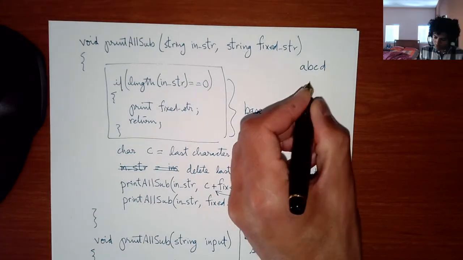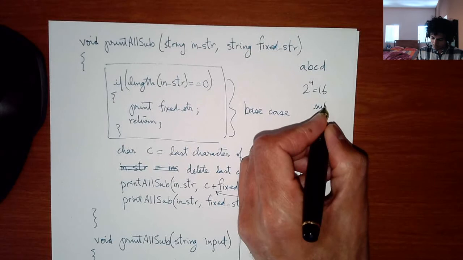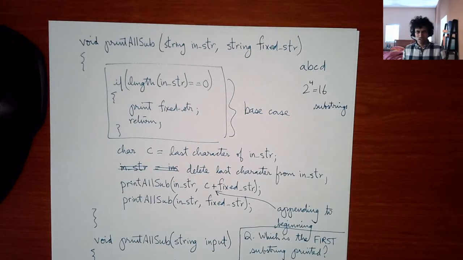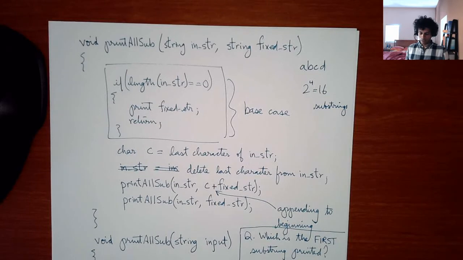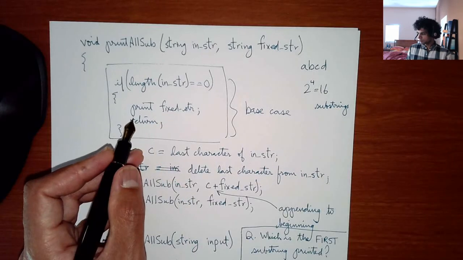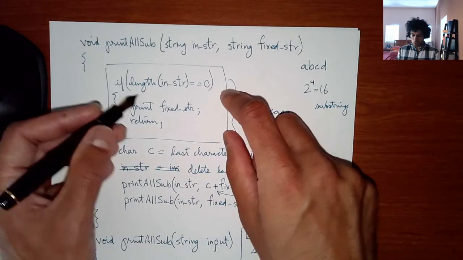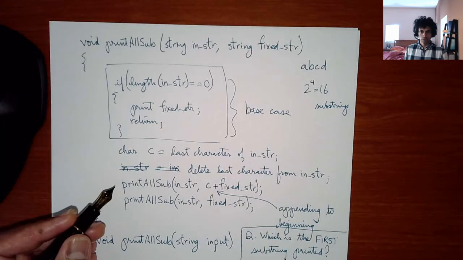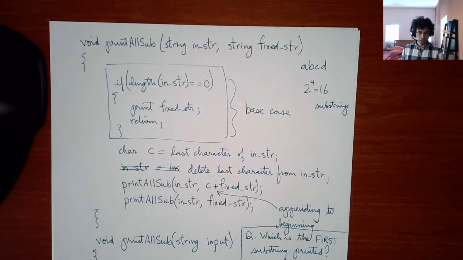There are 2 to the 4, 16 substrings. And you can ask, when is this going to be printed? Eventually, there's going to be a print command. The print command is part of the base case, and this only prints one string. So every base case is printing a different substring. And there are 16 substrings, so there have to be 16 base cases.